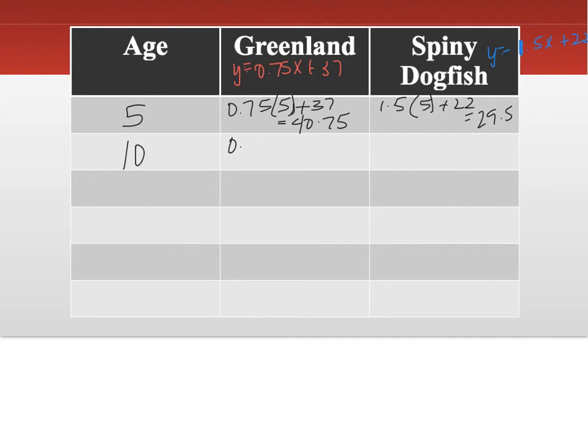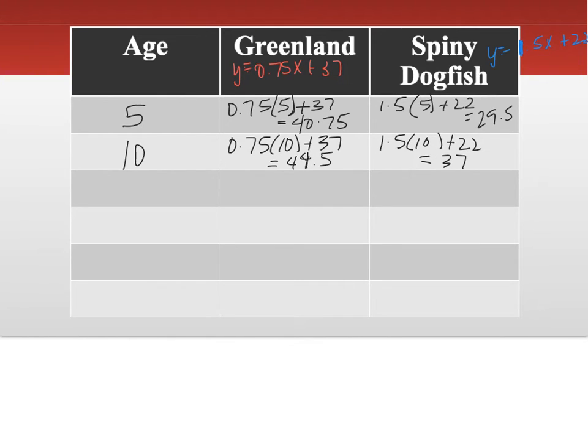So that'll be 0.75 times 10 plus 37. I can go ahead and tell you that's 7.5 plus 37, which will be 44.5. That's a 4, not a y. Sorry. And here I would have 1.5 times 10 plus 22, which is really going to be 15 plus 22, which is 37.